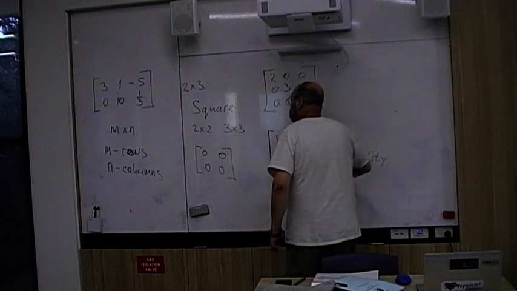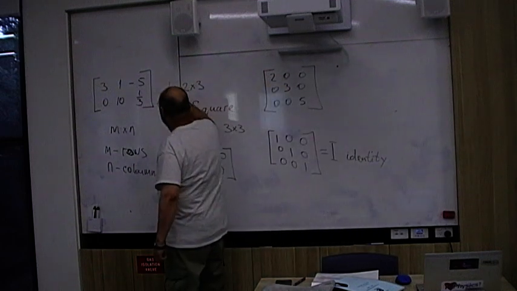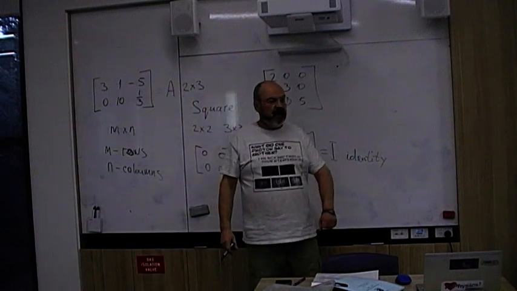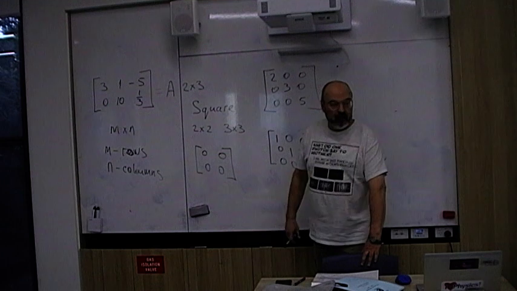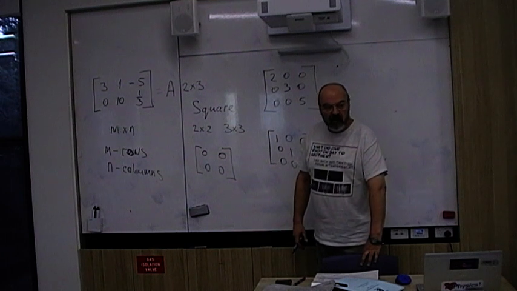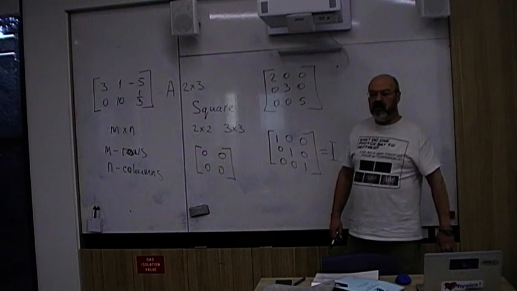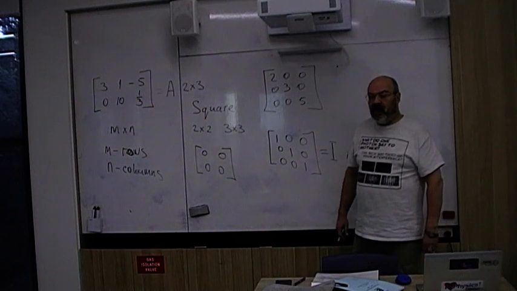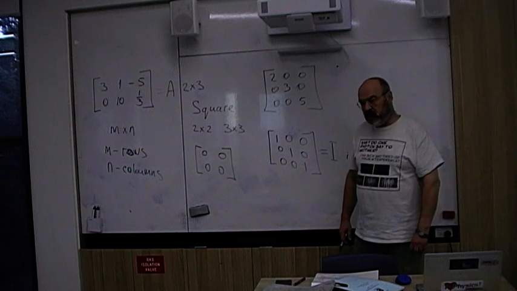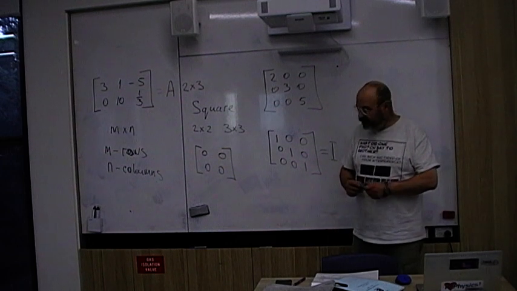So let's say matrix A. And we can do arithmetical operations with matrices. We can add and subtract matrices. We can multiply a matrix by a scalar, or by a number, and we can multiply matrices. We cannot divide matrices. There is no division of matrices.